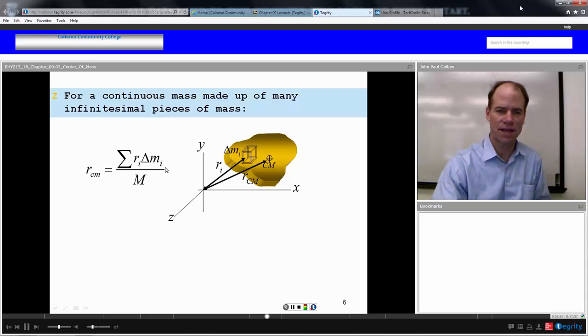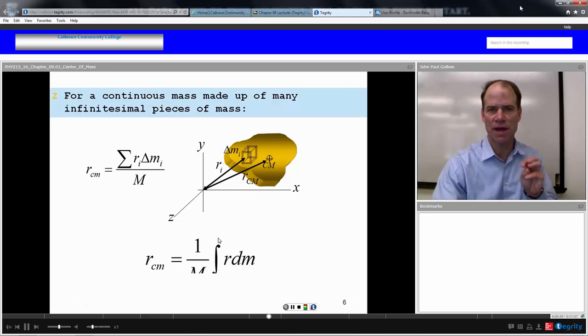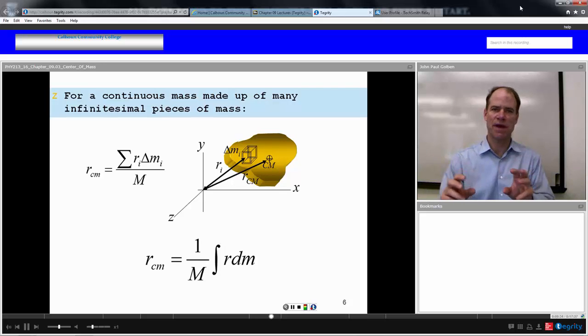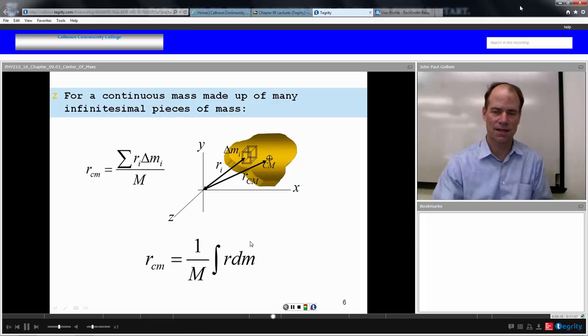Now these delta m sub i's are infinitesimal masses. So if we had a summation of a bunch of infinitesimal masses, the delta becomes an integral. So we end up having r dm, where dm is our infinitesimal mass throughout this object. And then divide that by the total mass of the system.